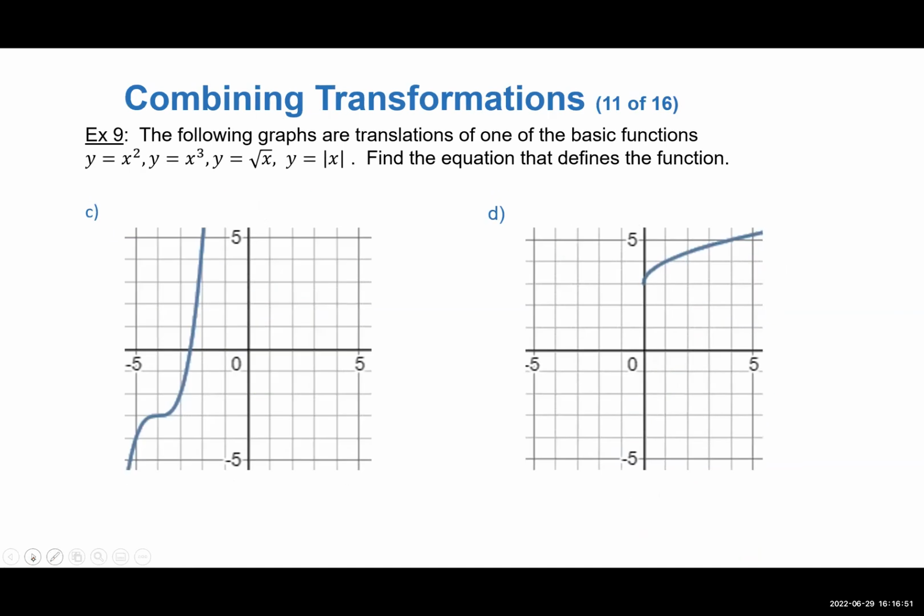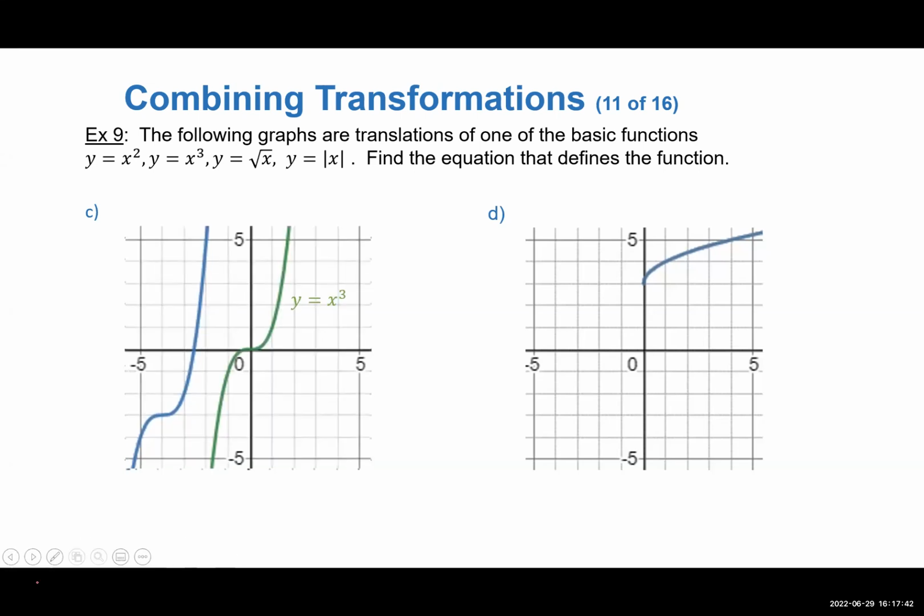Let's pause the video and see if you can do C by yourself. C is the cubic function. Normally it would look like that, but it looks like it's been shifted quite a bit, actually. We've shifted it down 3 units and to the left 4 units. So down 3 units would be -3.